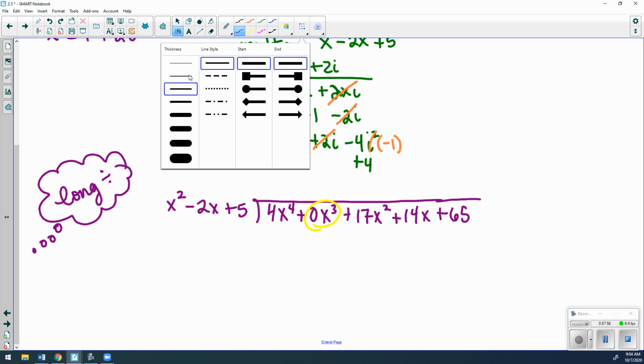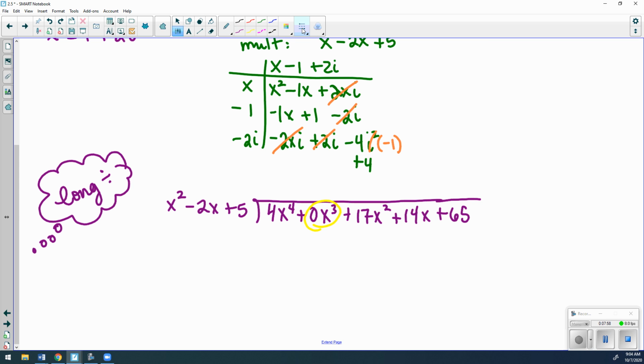Okay, so divide x squared into 4x to the 4th, which is going to be 4x squared. Multiply 4x squared times x squared, that gives me 4x to the 4th minus 8x to the 3rd plus 20x squared.